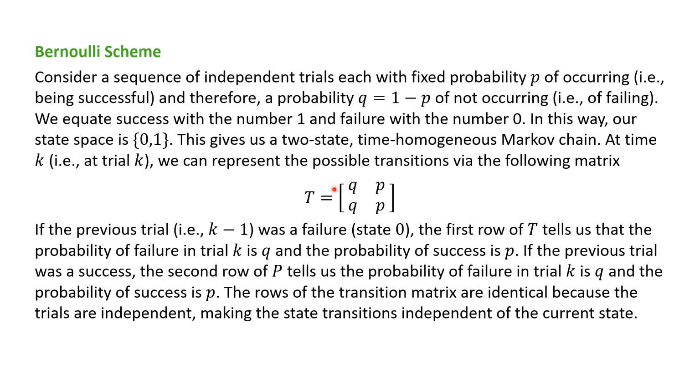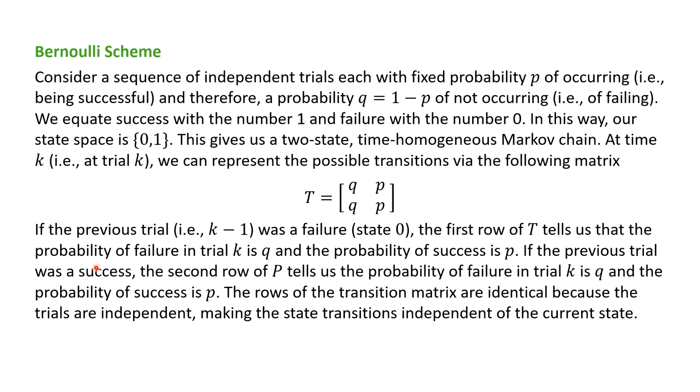This first row would be state 0, the second row would be state 1, column 1 would be state 0, and column 2 would be state 1. So the way to read this is: if you just had a failure, the probability of another failure is q, and the probability of a success on the next trial is p. If you had a success, the probability of a failure on the next trial is q, and the probability of another success is p.